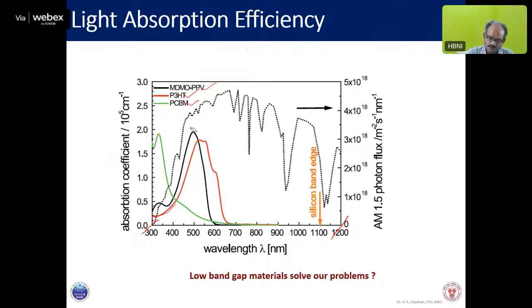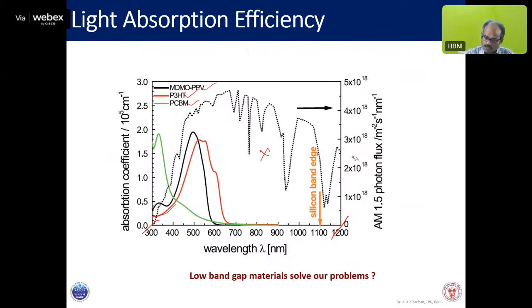If something is not absorbed, it is obviously a loss. Suppose light of this wavelength is falling on your organic solar cell. It is of no use because it will not be absorbed at all. It will be transmitted. So you need to find a material which has a very broad kind of absorption. This gives how much light is absorbed. It depends on your band gap.